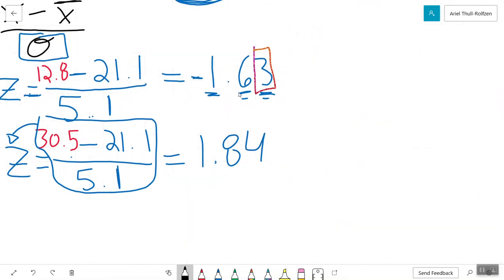So this negative 1.63 right here, we're going to find on the left-hand column of the table, the farthest left, where at the very top it says Z. We're going to find just the two digits, negative 1.6. And negatives are very important in what we're doing right now. So negative 1.6, that's going to be on page 523.